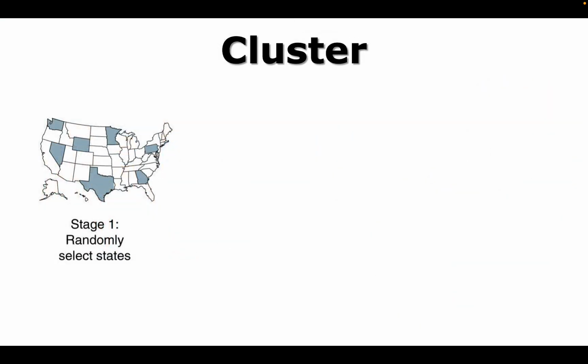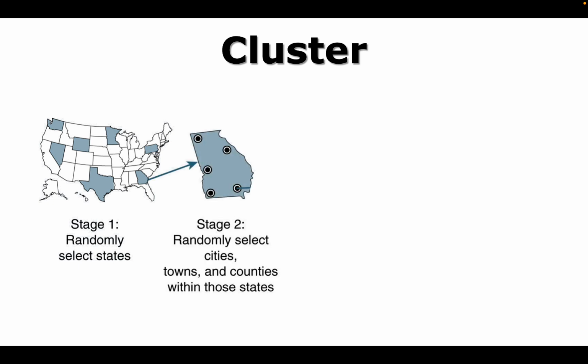Now, if you have a population that's dispersed over a wide geographic region, it may not be feasible to conduct a simple random sampling of the entire population. But in such a case, it may be reasonable to divide the population into clusters, usually along geographic boundaries if you're talking about a large space, and then you randomly sample a few clusters and you measure all the units within that cluster.